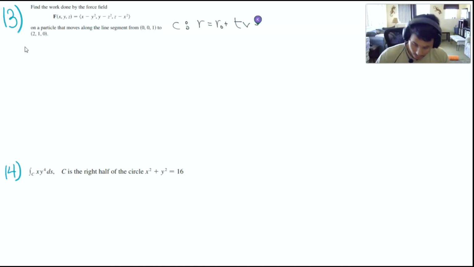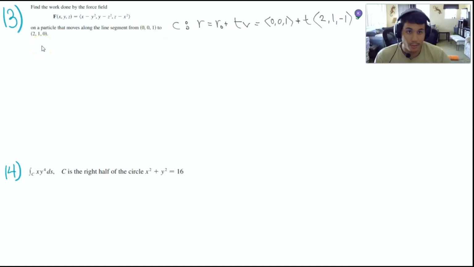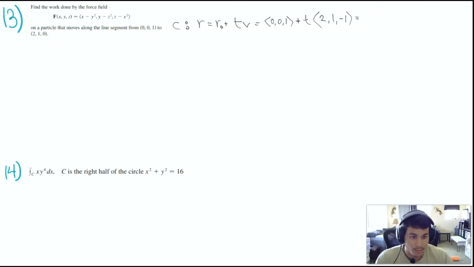Plus t v, where r0 is 0, 0, 1, and we find v by the change in position from 0, 0, 1 to 2, 1, 0. So when we're talking about x, the change in x is 2. What's the change in y? It goes from 0 to 1, so it's 1. And then z goes from 1 to 0, so it's negative 1. So, okay, I gotta move my face down here.